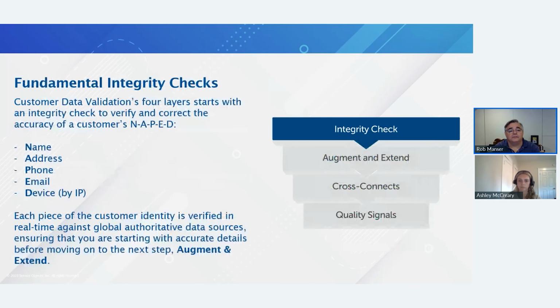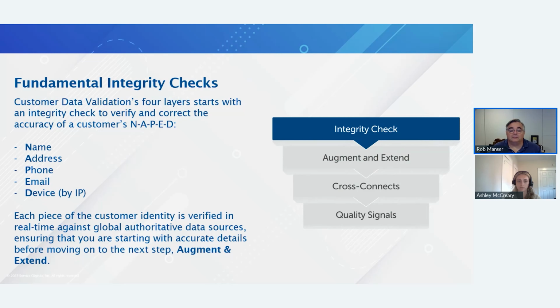So the first one is that fundamental integrity check, and what we're doing here is making sure that the data provided matches or can be corrected to match some part of the authoritative data file that we have. Depending on what they give us, name, address, phone, email, and device, any or all of those can be validated at the same time.